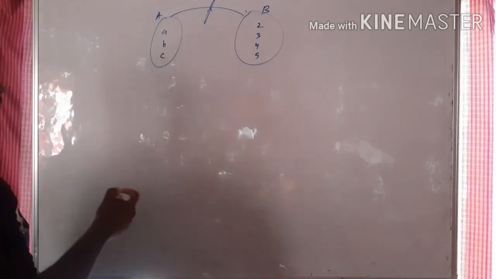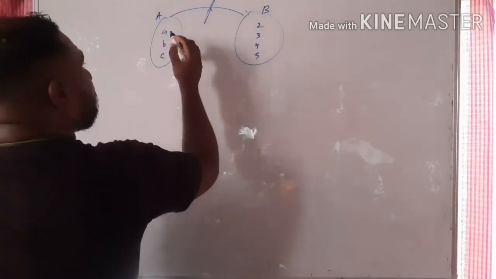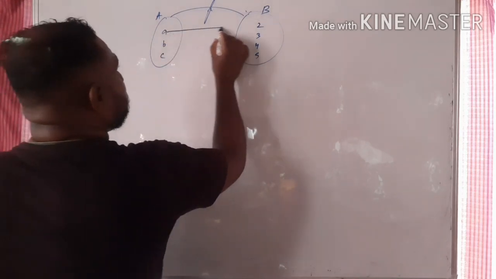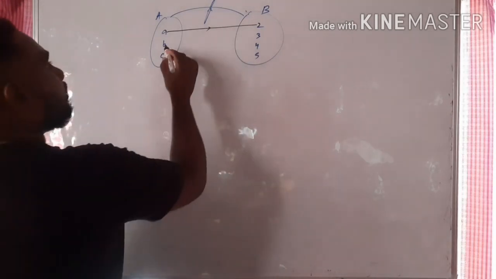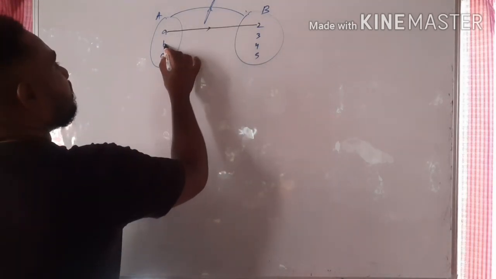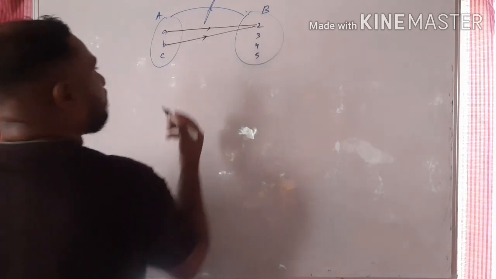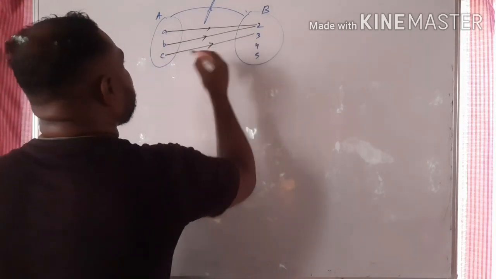Say the element a is related to 2, the element b is related to again 2, and c is related to 3.